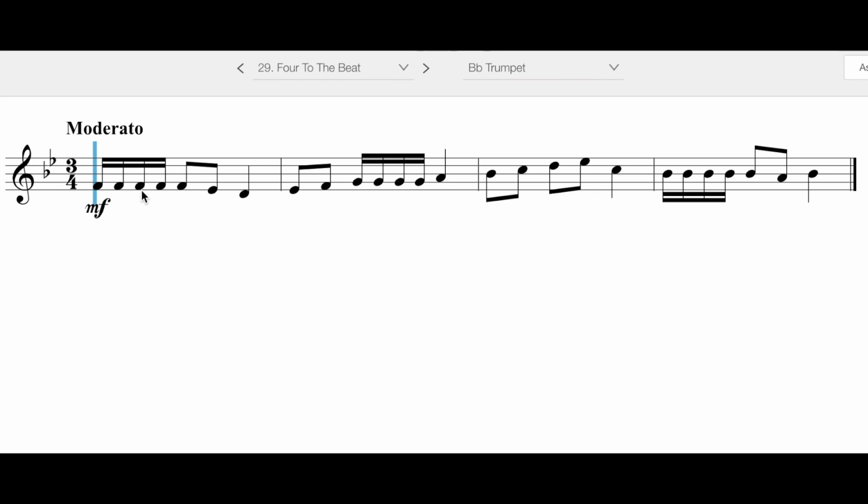Now for the 16th notes, that changes a bit. So if you want to compare the 16th notes to eighth notes, the way that you would count them would be 1, E, and, a. Now that sounds a little crazy, but it does help us keep up with where we are in the music. So counting 16th notes would be 1, E, and, a.